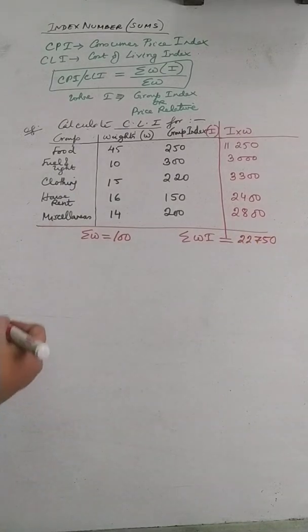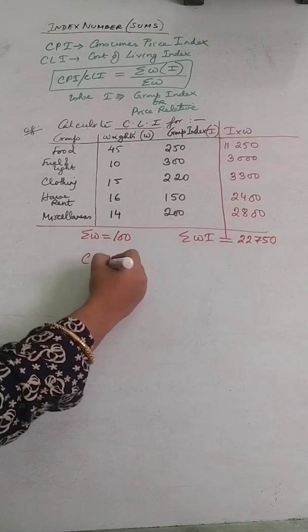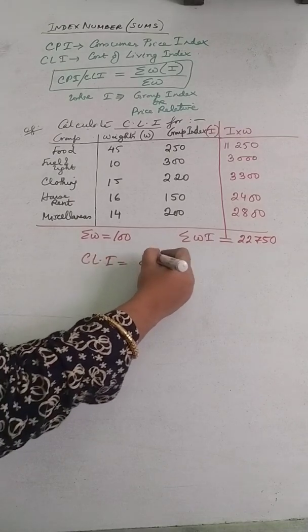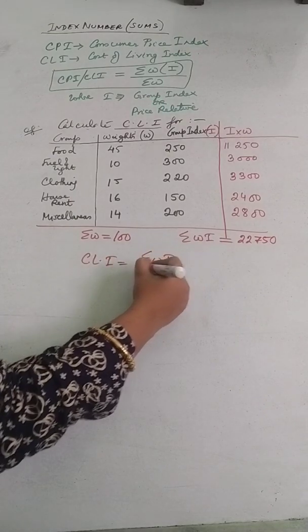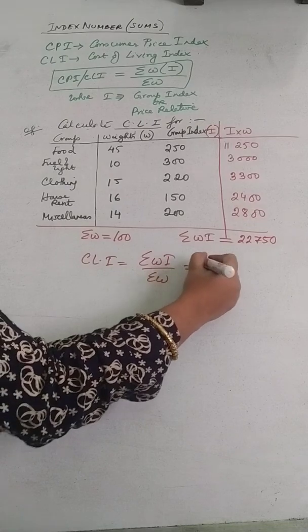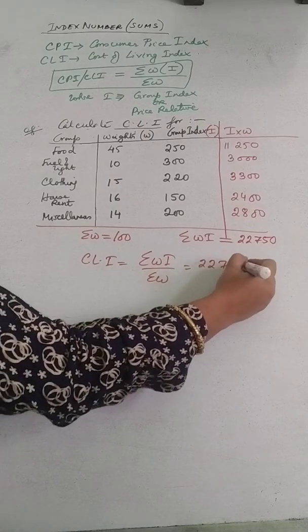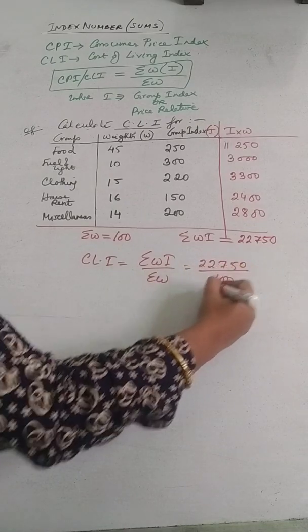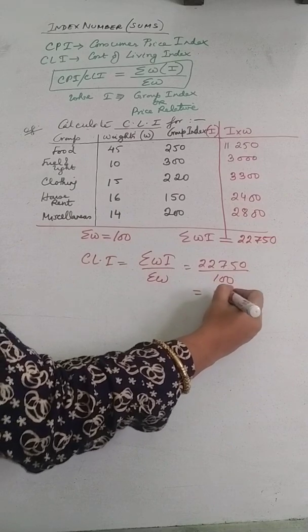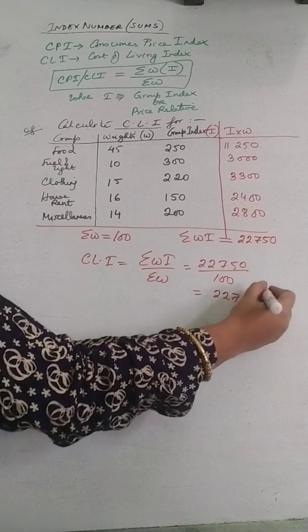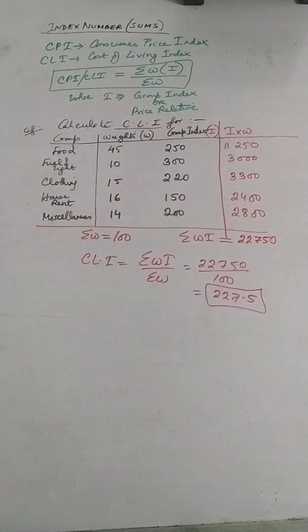So what is the CLI? CLI is equal to summation WI by summation W, so 22,750 divided by 100, that means it is simply 227.5. This is your answer. This is how we calculate CLI.